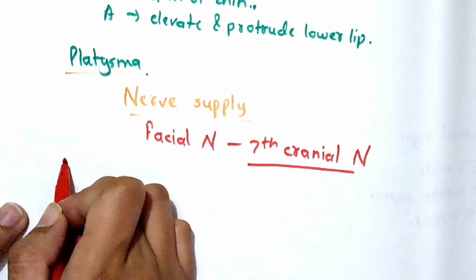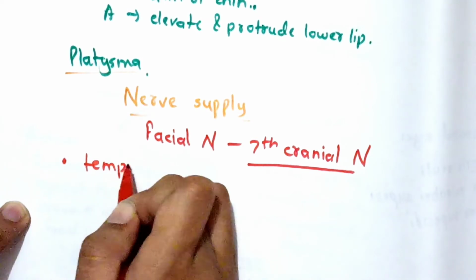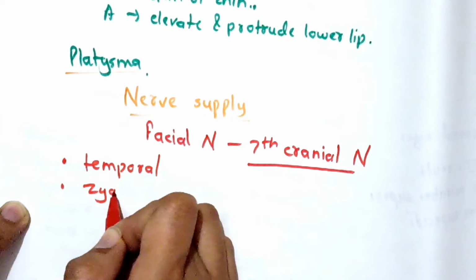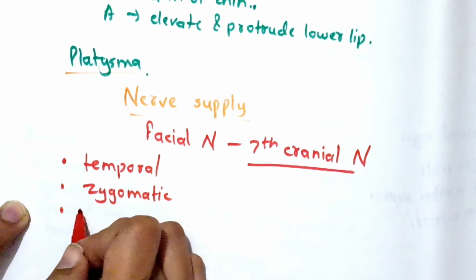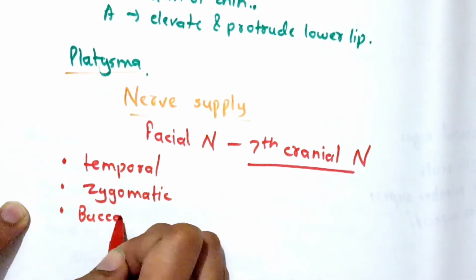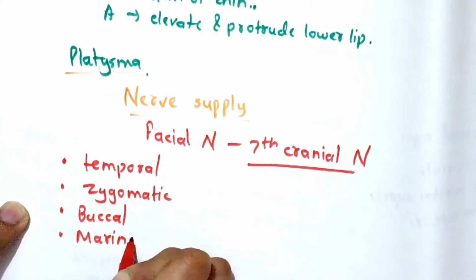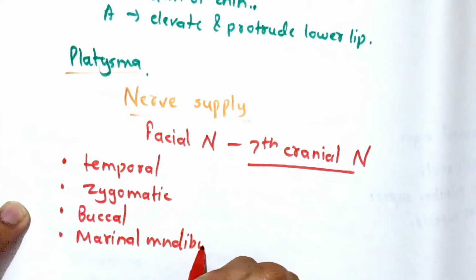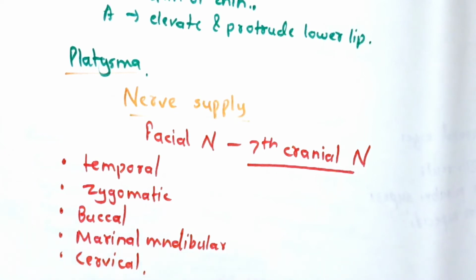So what are the terminal branches? Let's name them first. First is temporal, then zygomatic, then buccal, then marginal mandibular, and the last one is cervical.